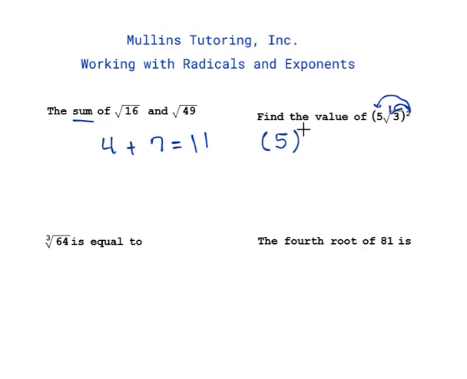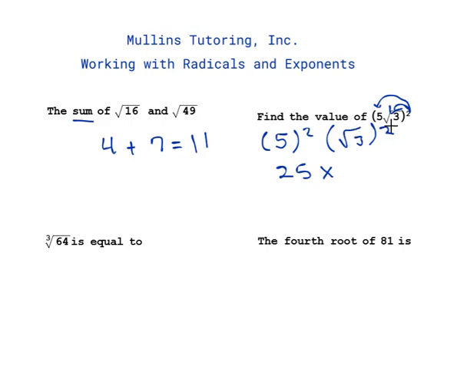I'm going to have 5 squared times the square root of 3 squared. So 5 squared is 25 times the square root of 3 times the square root of 3, which would be the square root of 9, which would give us 3.